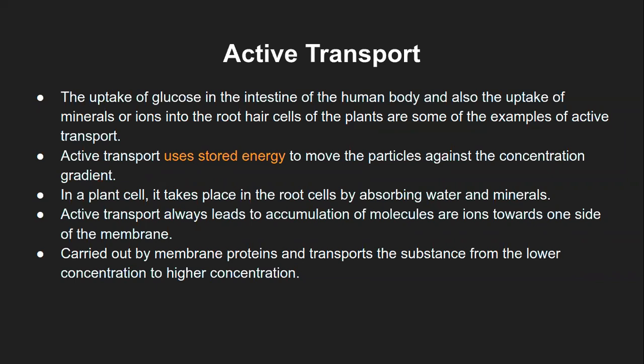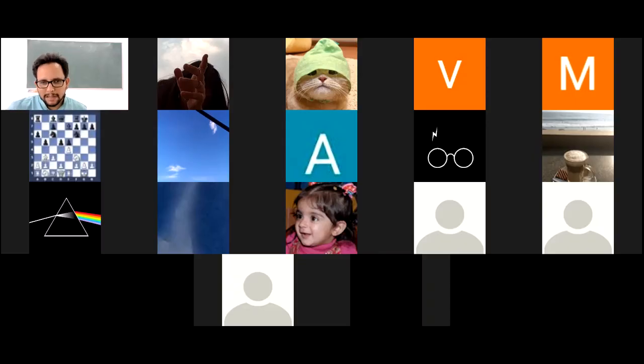So if it has to be against the concentration gradient, that means inside the root cell there has to be already a higher level of minerals compared to the soil. In that situation only, it will become an active process. So I'll just take a minute to explain this on the board because that will make it more clear.